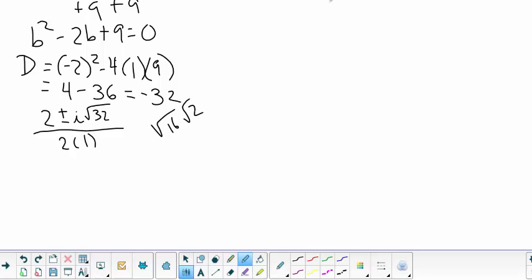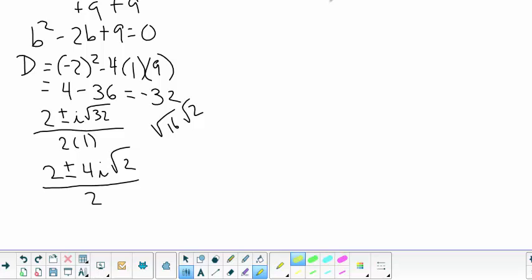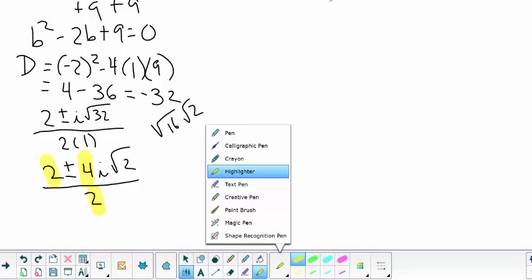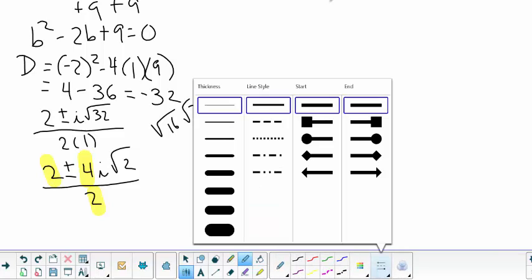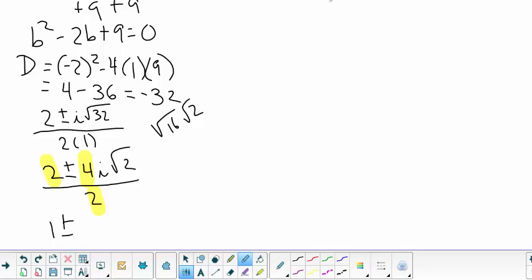The square root of 16 is 4. So I'm going to rewrite this as 2 plus or minus 4i radical 2, all over 2. And now we can see that we have a common factor of 2, so we can divide all of these by 2. And we would have 1 plus or minus 2i radical 2. That would be our two complex solutions.